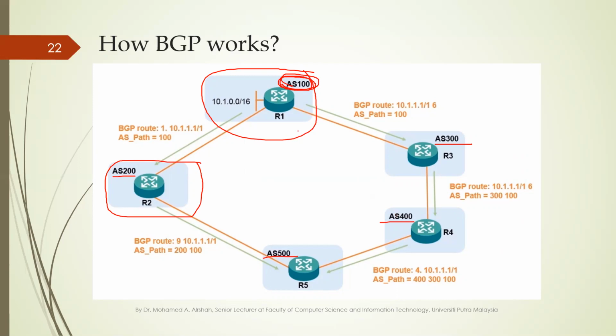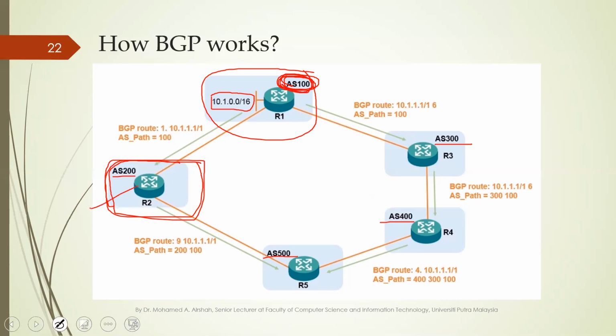So router 1 will send its own route 10.1.0.0/16 to router 2, followed by the autonomous system path equal to 100, which is the autonomous system number of the network. Then this router has to add it into the routing table.